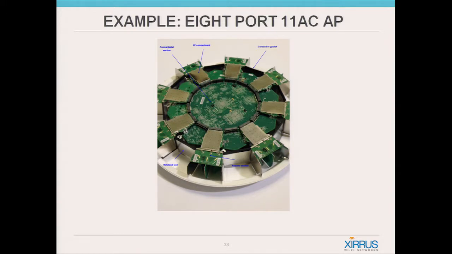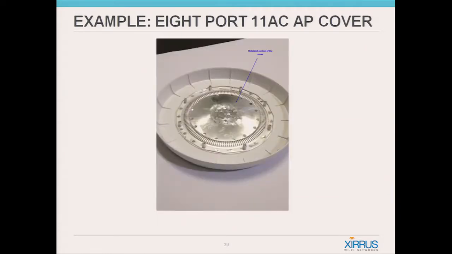And what we do is, in the spaces where we don't have cards, we put conductive gasket so that when we put the cover over that structure, which is metallized, we can enclose all the electronics within like a Faraday cage and minimize emission coming out of the electronics.